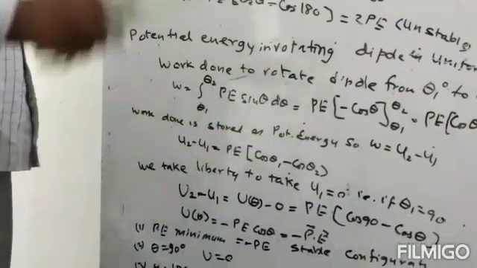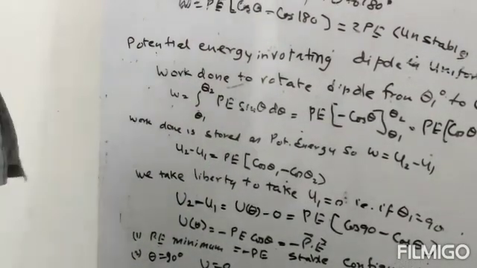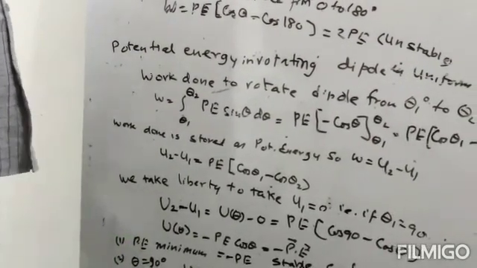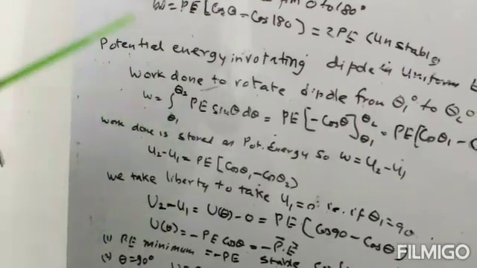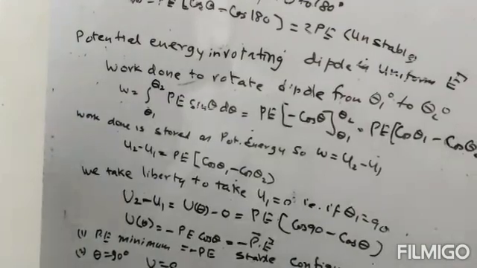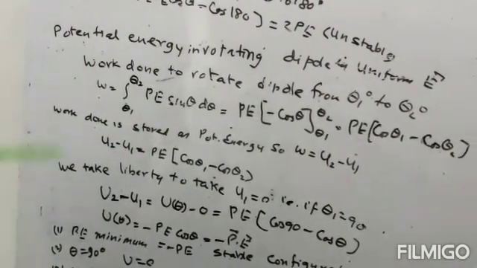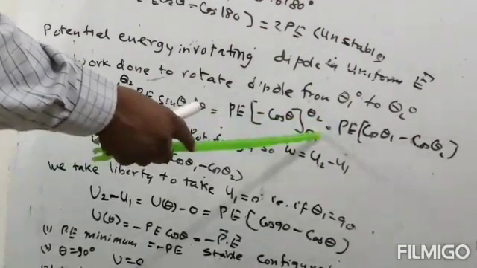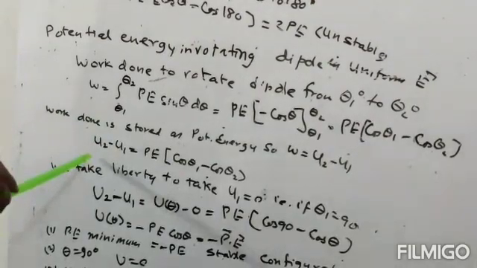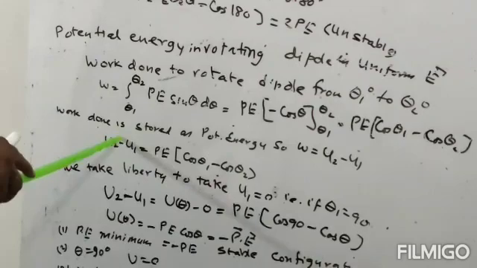Now, as we have done in the case of potential, where we considered the potential at infinity to be 0, similarly here we can also take a condition, and we are free to take any condition where the potential energy is 0. The potential energy will be 0 when the angle is 90. So theta 1 is equal to 90, then the work done will be equal to U2 minus U1, and U1 will be equal to 0.